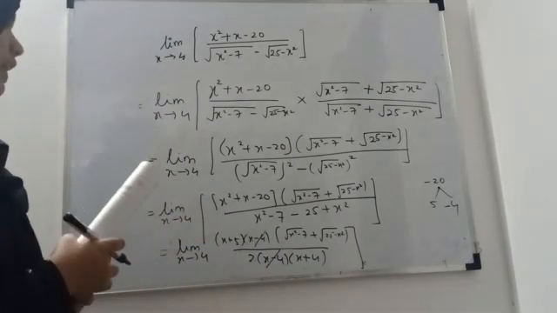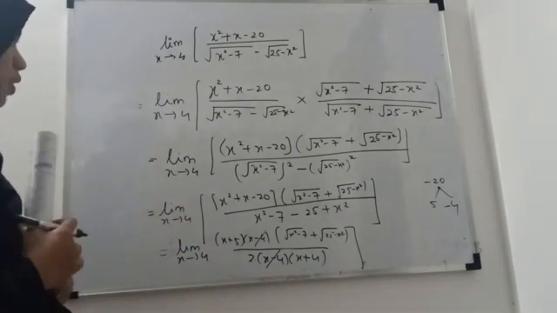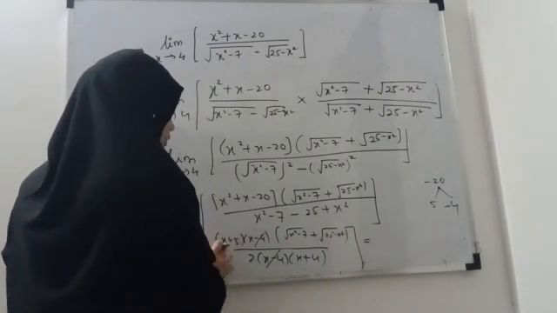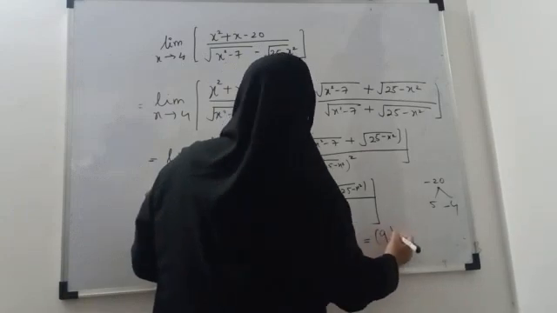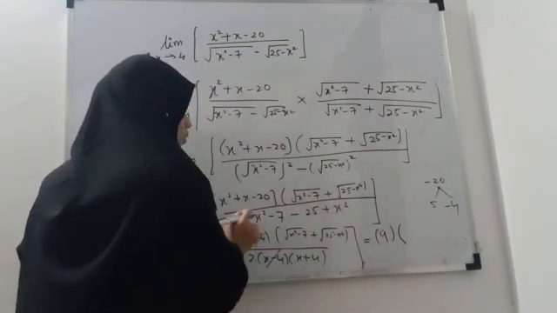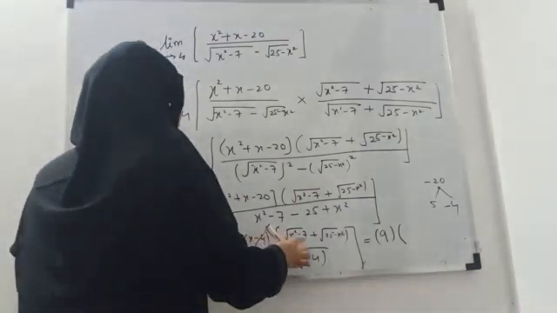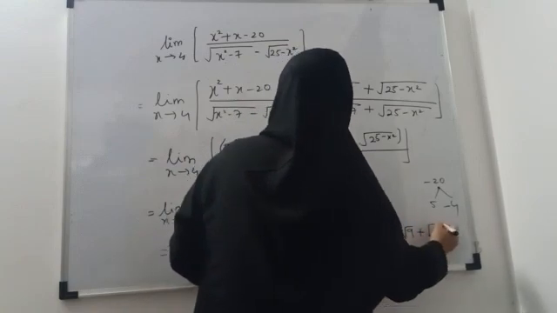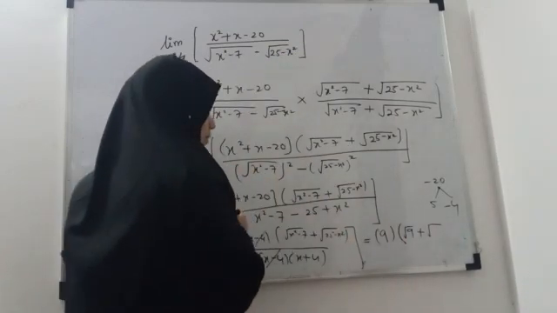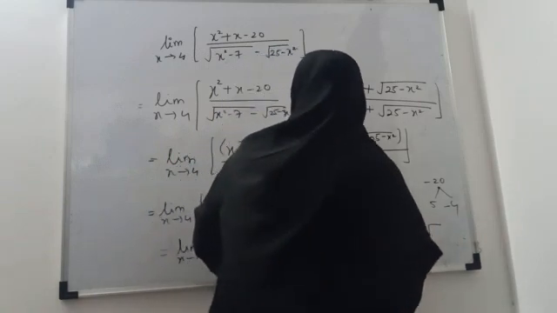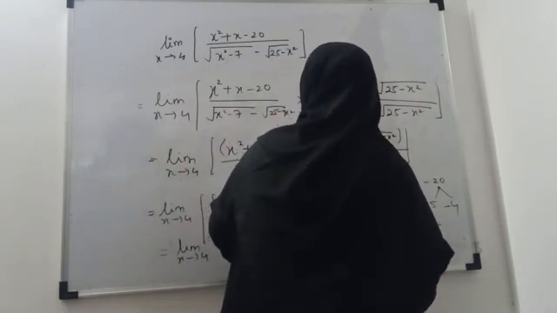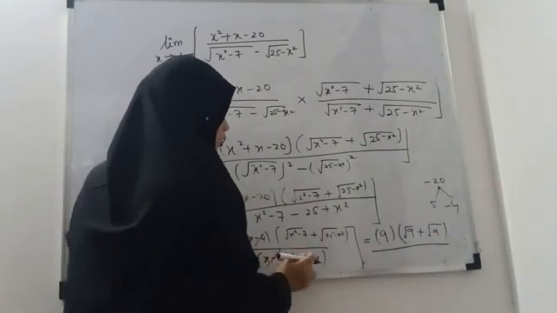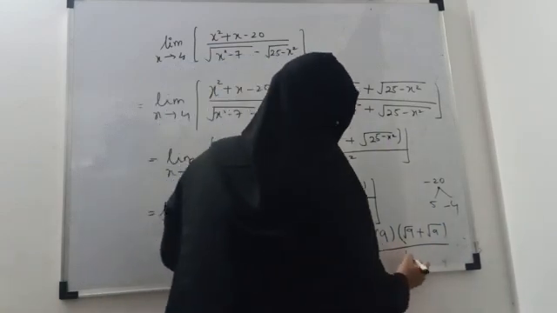Now we can use x tends to 4. We'll apply x tends to 4 in this. So we get 4 plus 5, which is 9, into 16 (4 square) minus 7, 16 minus 7 equals 9, under root 9, plus under root of 25 minus 16, that again equals 9, divided by 2 into 4 plus 4, that is 8, 8 into 2 is 16.